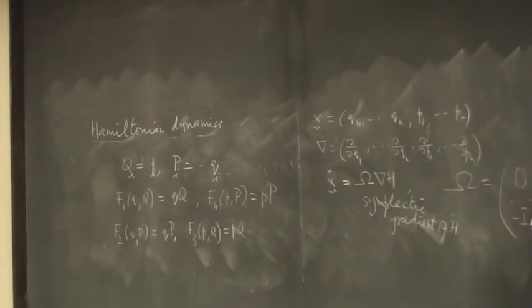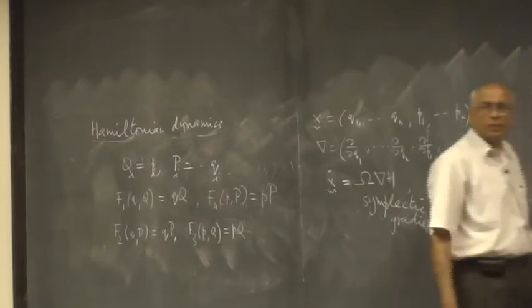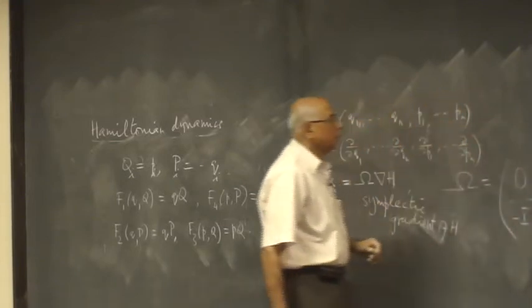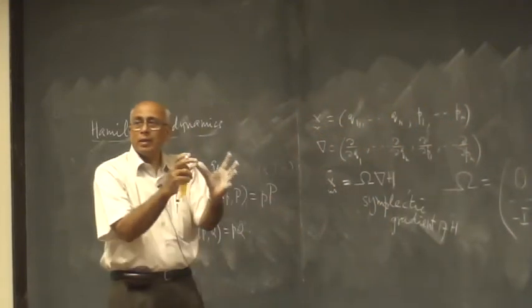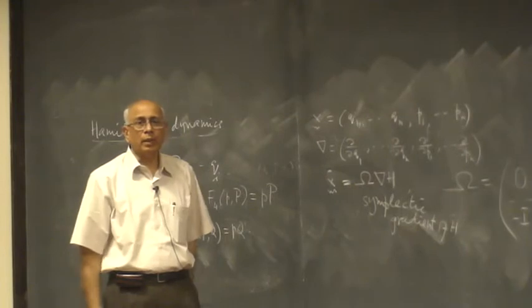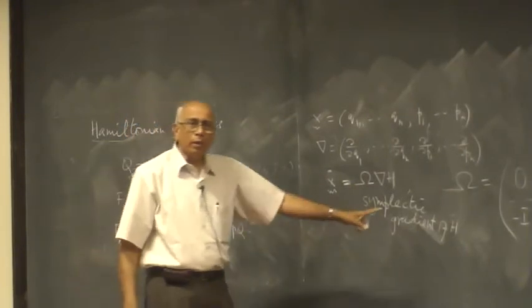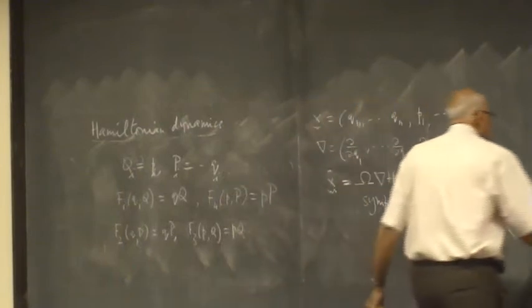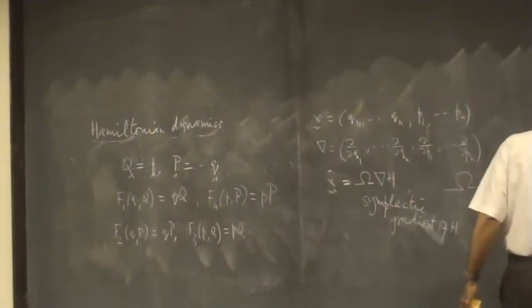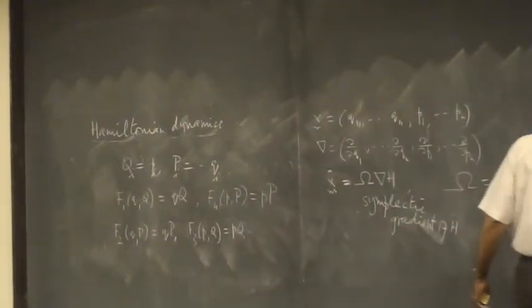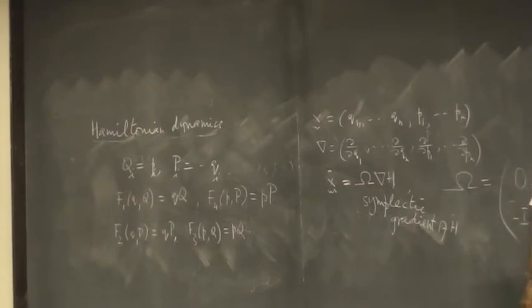So this guy is starting to play the role of a metric. So the Poisson bracket relations are expressed in very compact form there. Remember, this omega is a constant matrix. By the way, some important properties of this omega are necessary. Omega transpose equal to omega inverse equal to minus omega.